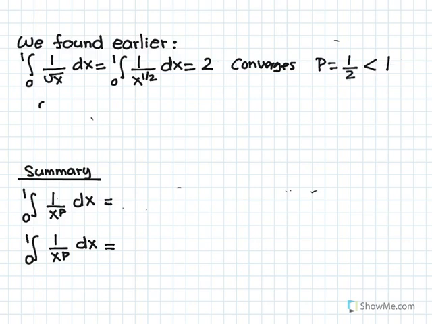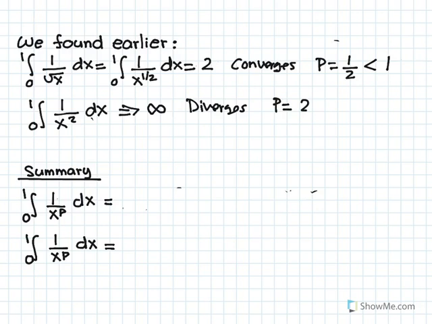Now the second example, we did the integral from 0 to 1 of 1 over x squared dx. And this went to infinity. The reason is, of course, that it diverges. And what's the reason? It is because of the p integral theory: p is equal to 2, greater than 1. So let's do a summary.